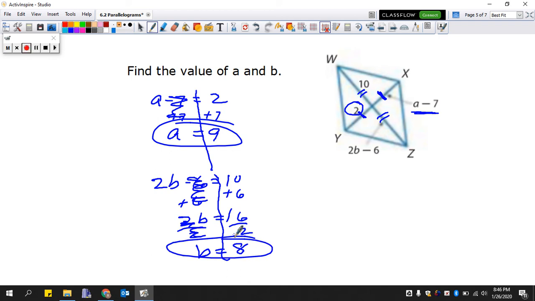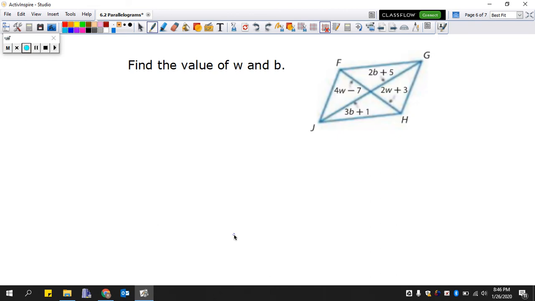Our last example, find the value of W and B. Same exact thing. W is first, so we'll do W first. This is congruent to this, so we say 4W minus 7 is equal to 2W plus 3.